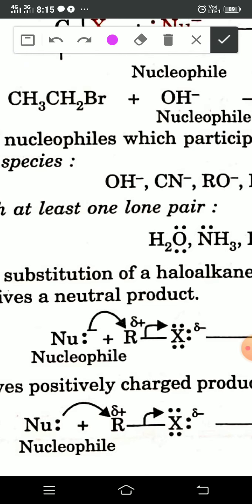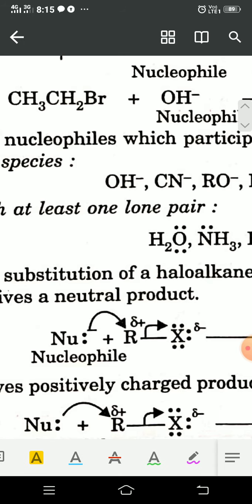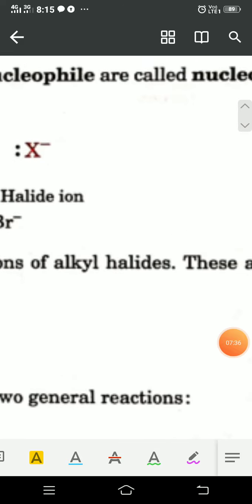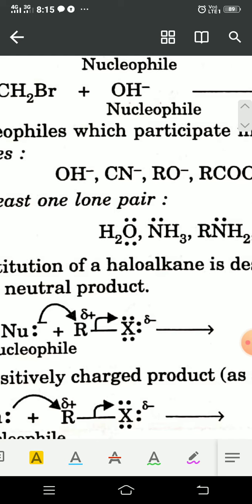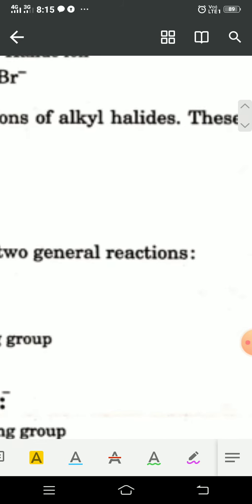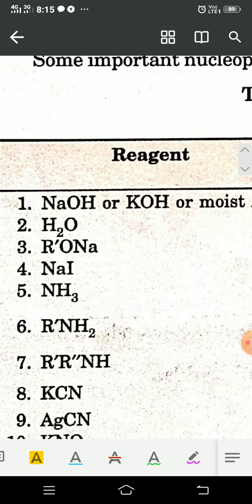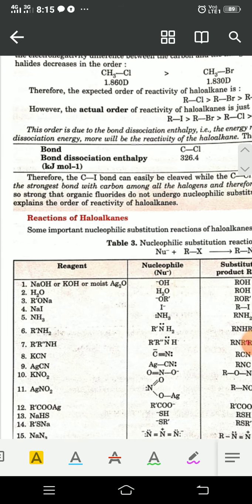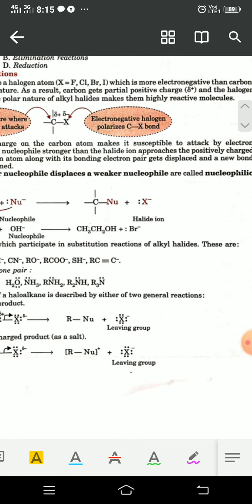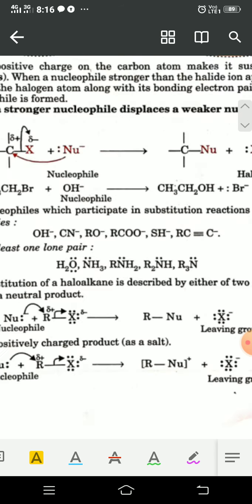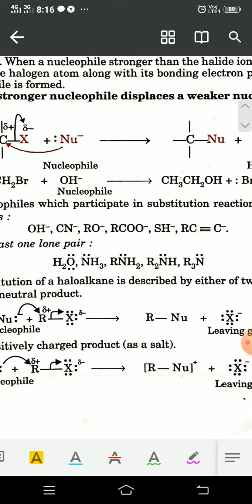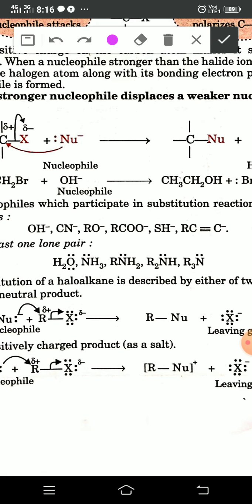First, formation of carbocation takes place, and then in the second step, attack of the nucleophile. Here is a list of some nucleophiles.